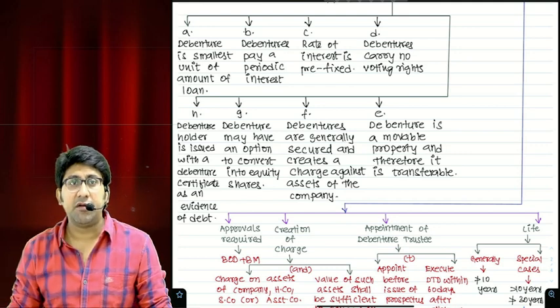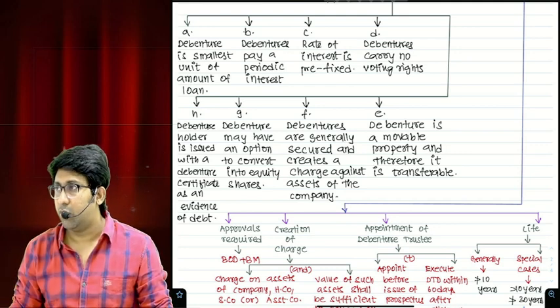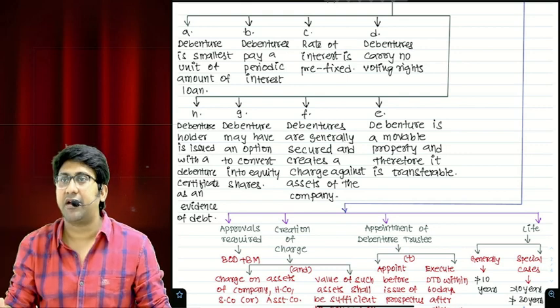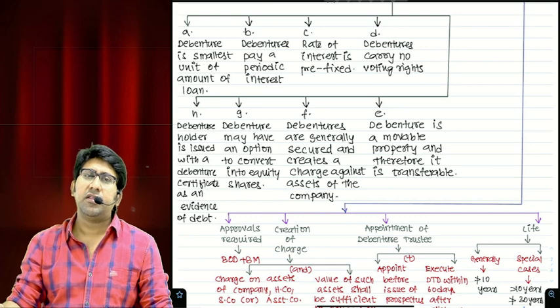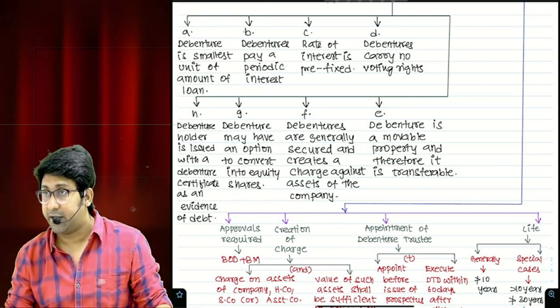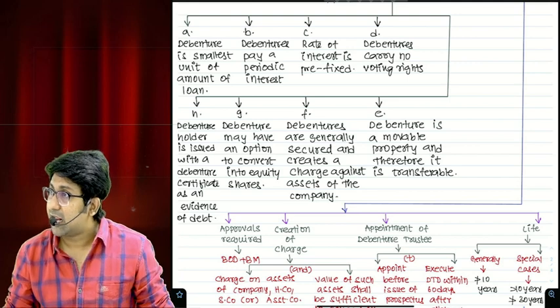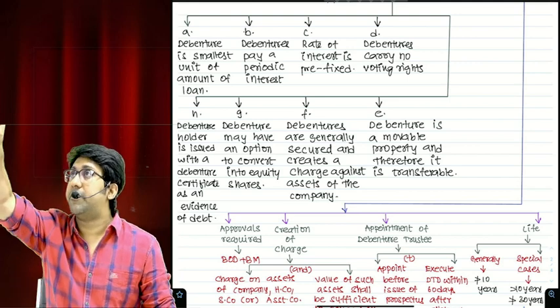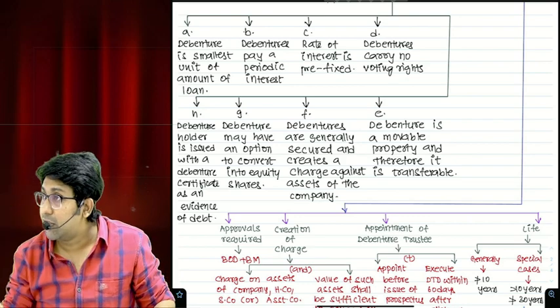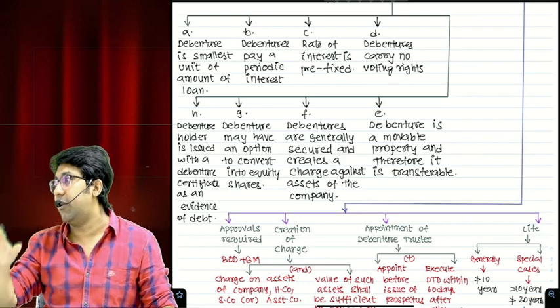Whenever you don't want to hold a debenture, you can sell it and go out of the market. Clear, everyone? You can't have that chance in case of a loan. A loan is a non-transferable instrument. A debenture is a transferable instrument. You can hold debentures on the stock market and sell them like shares, which is not possible with a loan.